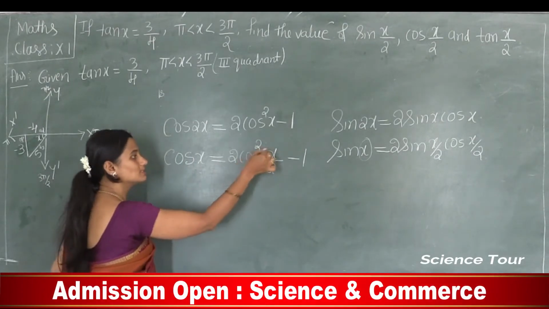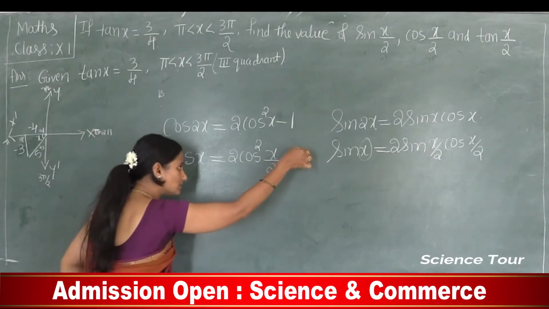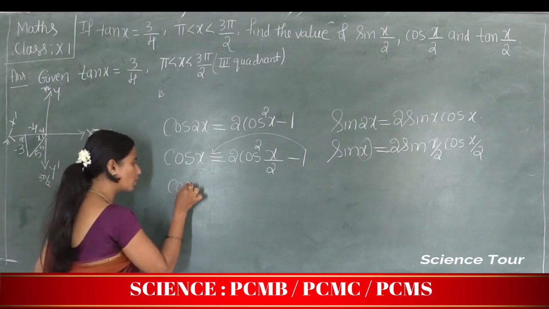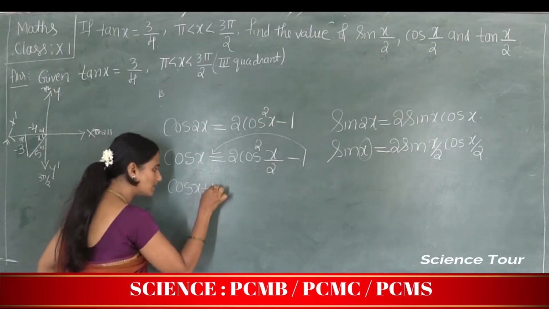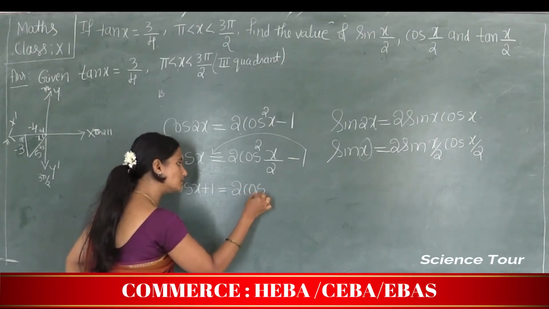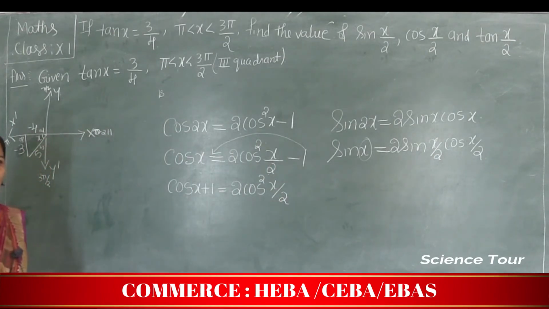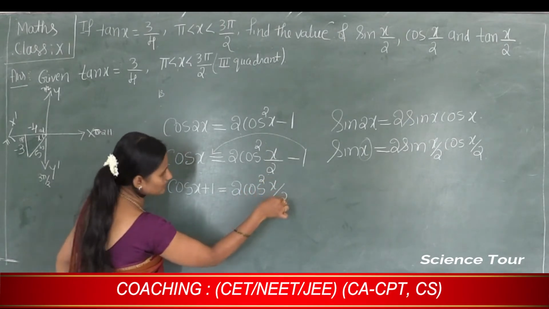Can you get cos x by 2 from this? Yes, you can get. How to get? So this, bring it to this side, right? So then it is what? Cos x minus 1 changes as plus 1, which is equal to 2 cos square x by 2.